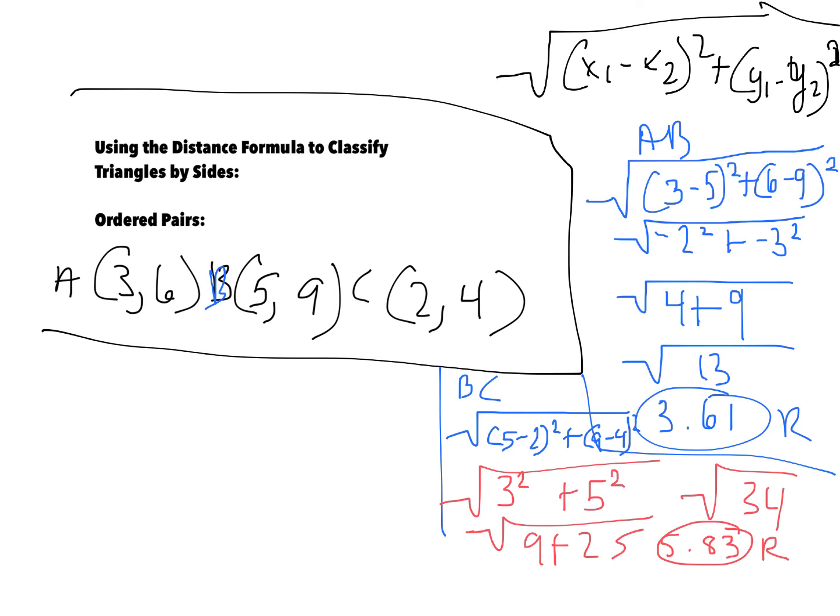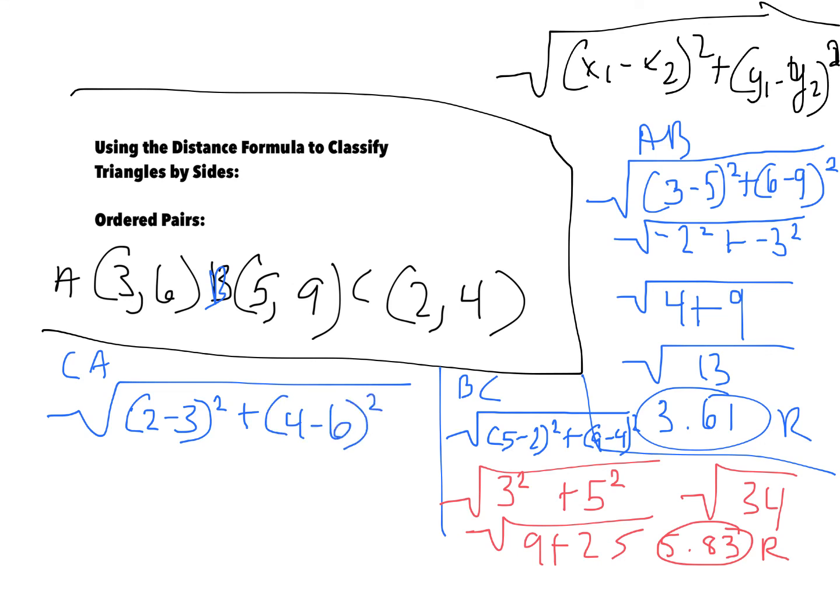Okay, and now we have to do it for CA. So we're going to do 2 minus 3 squared plus 4 minus 6 squared.